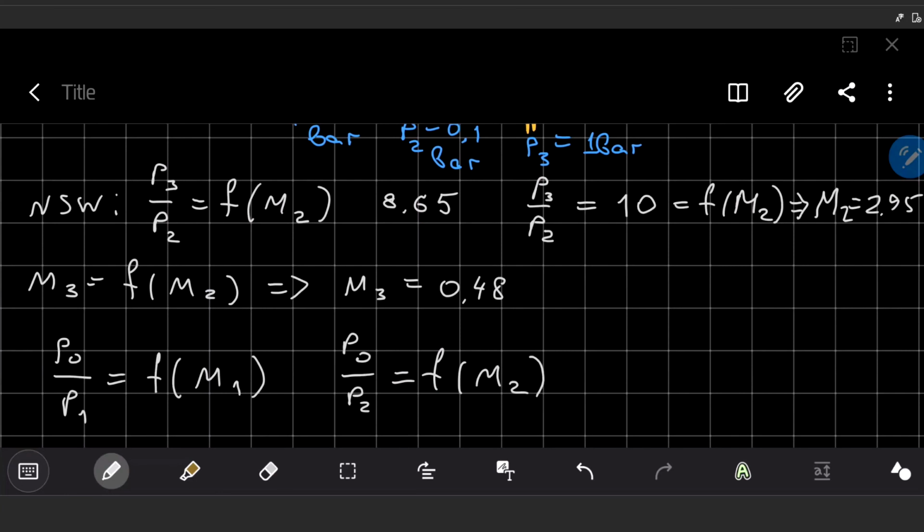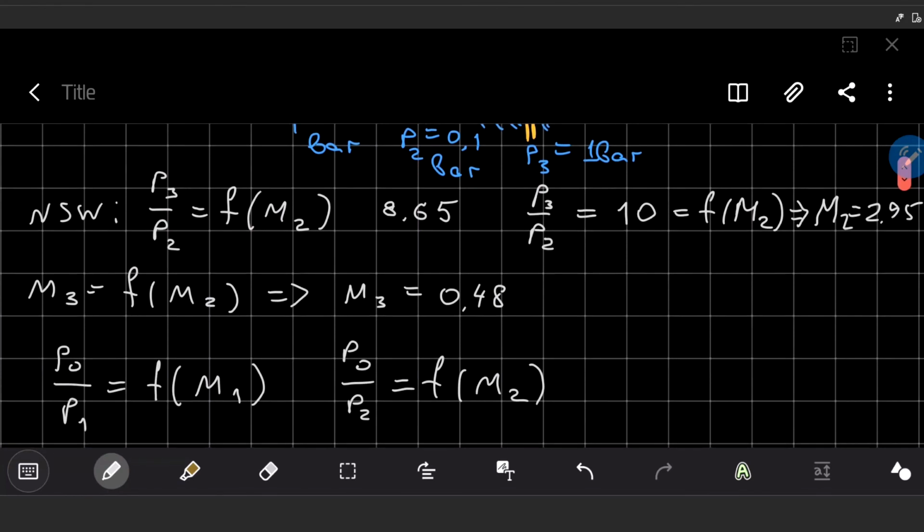Okay. From here we can calculate from the second formula. I will calculate my stagnation pressure, because we already know Mach 2, right? 2.95. We already know P2, which is 0.1 bar. And we know the function from the book, or we use Appendix A to substitute the function by the table.